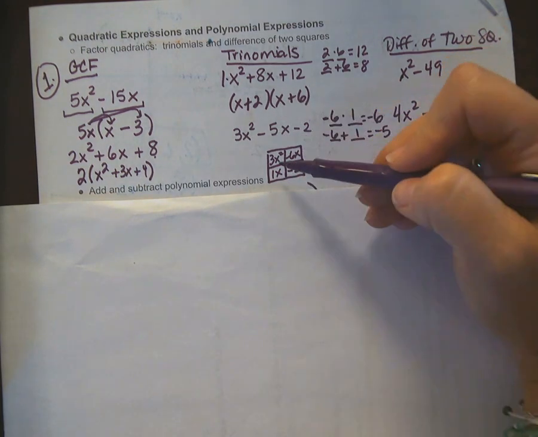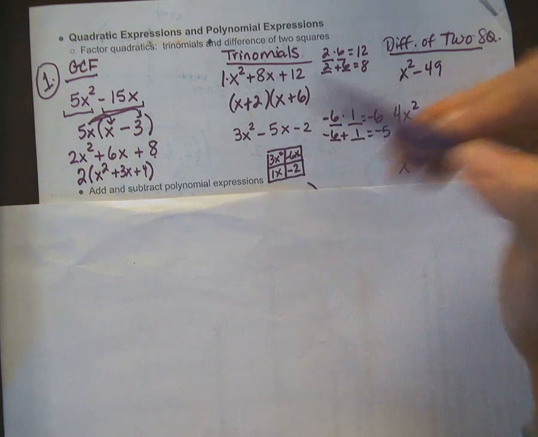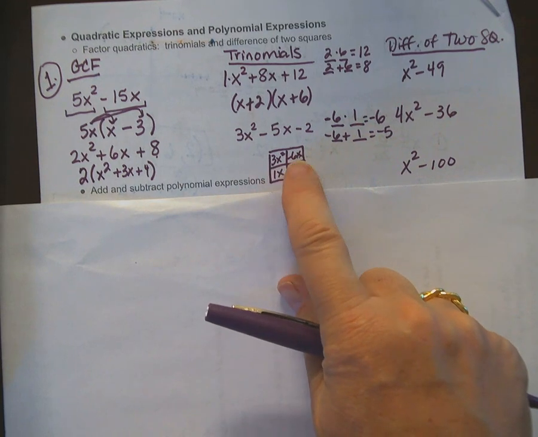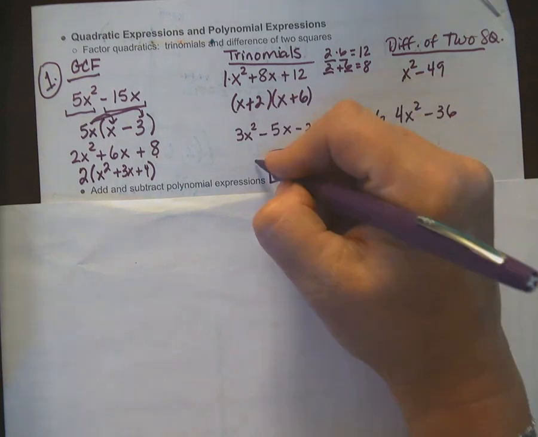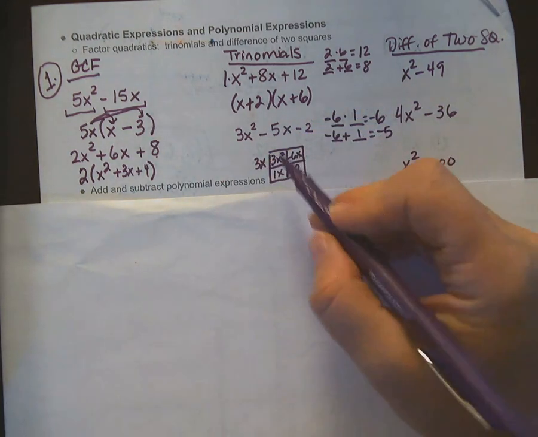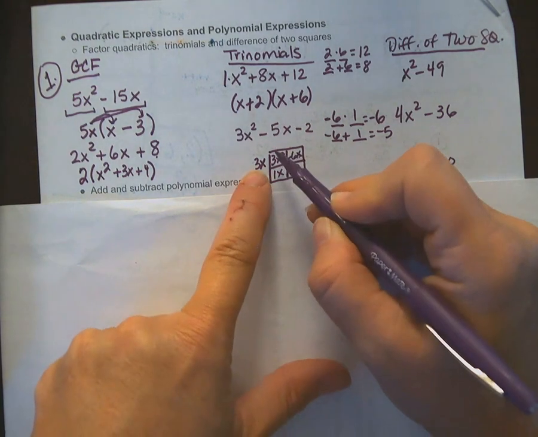The next thing you do is you pick a row or a column. So I'm going to pick this row going across here, and I look at these two terms and I find the greatest common factor. Well, I notice that 3 is a factor and x. So this is going to be 3x. And now we fill in all the rest of these numbers by doing what I call battleship.